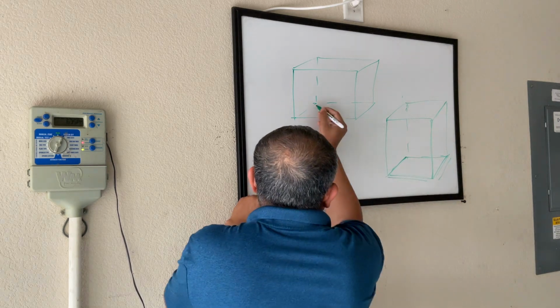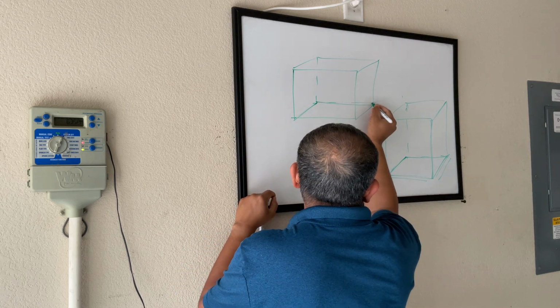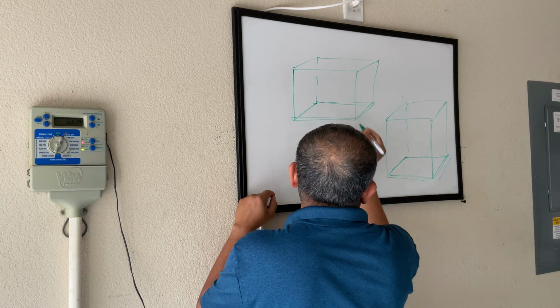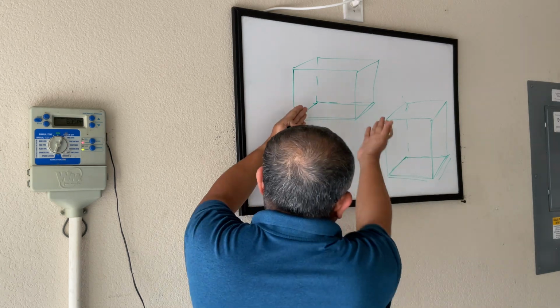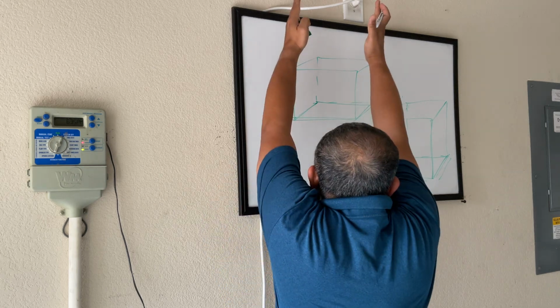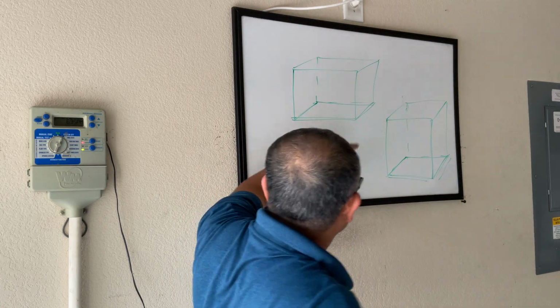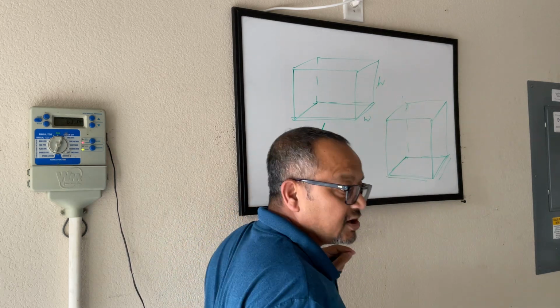Here, if you compare this with the object that you see here, which you call a prism or a cuboid or a rectangular prism, look at the base of it. That is a rectangle which you are extending upwards, and this is length, this is your width, and this third dimension that you added is your height.